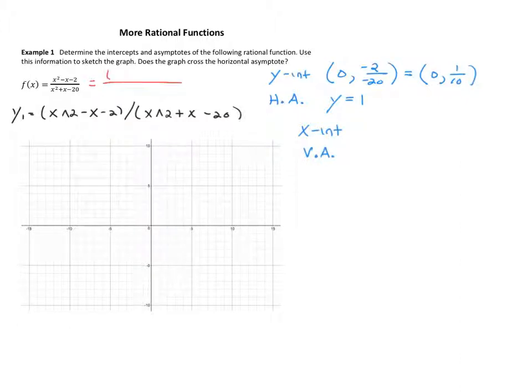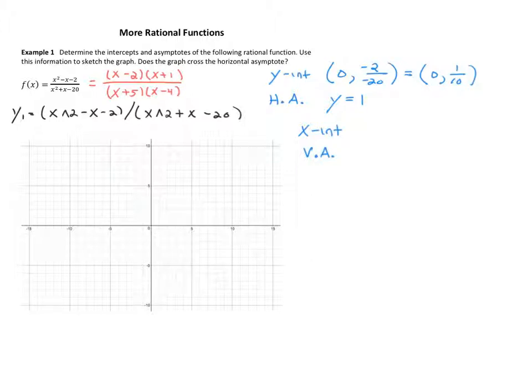The numerator factors as x minus 2 times x plus 1. And the denominator is x plus 5 and x minus 4. Now that it's factored, I can see that the numerator is 0 if I put in 2 and -1.